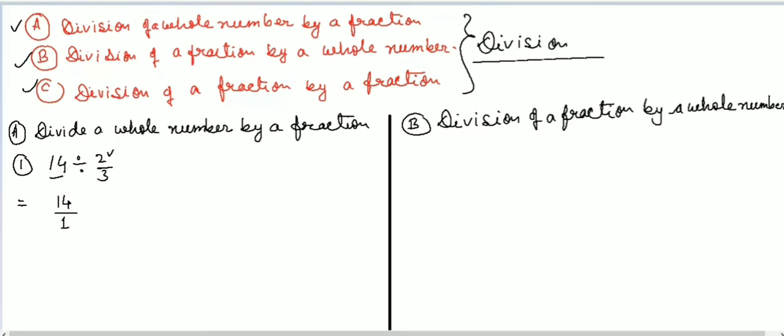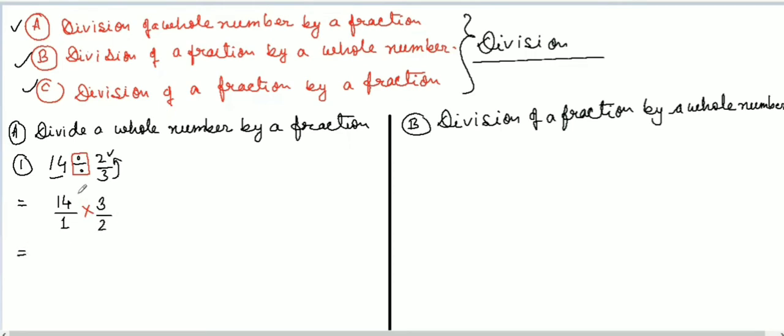Then change this division sign to multiplication. Then flip the second fraction. Flip means take the reciprocal of 2 over 3, which means instead of 2 over 3, write down 3 over 2.